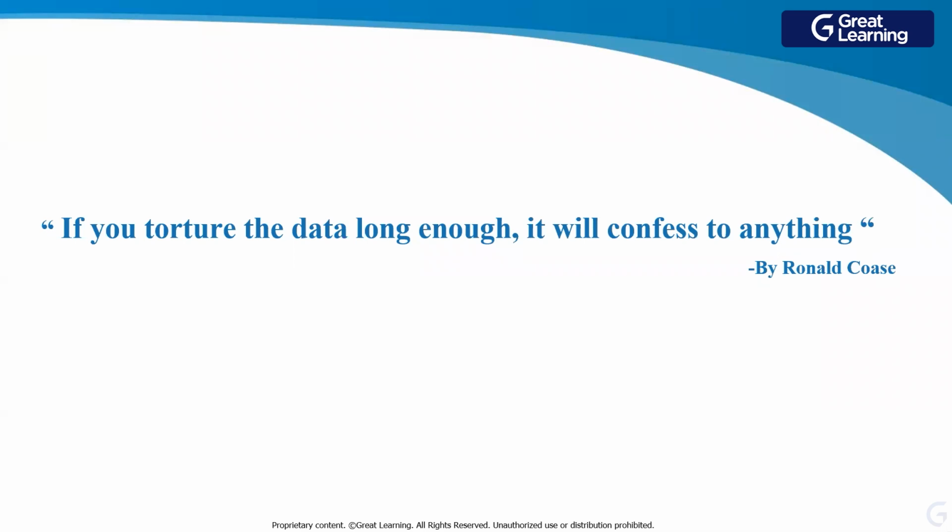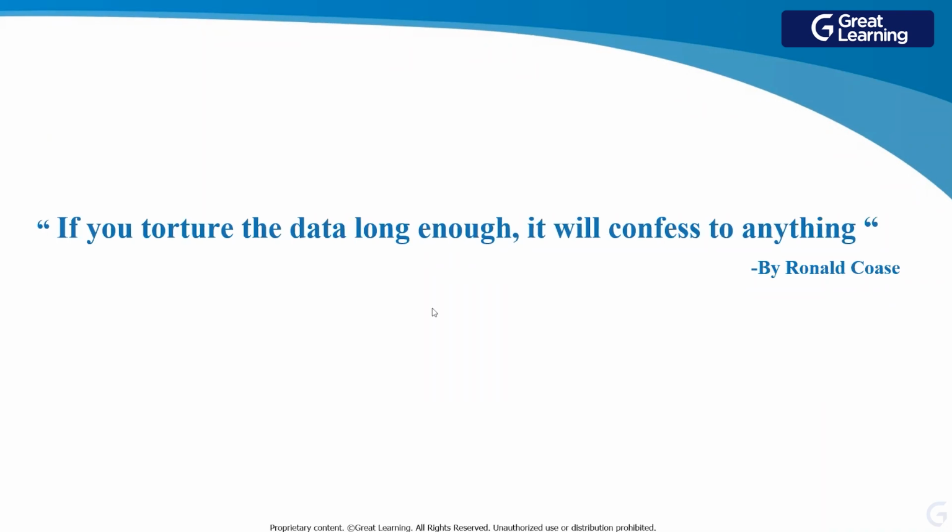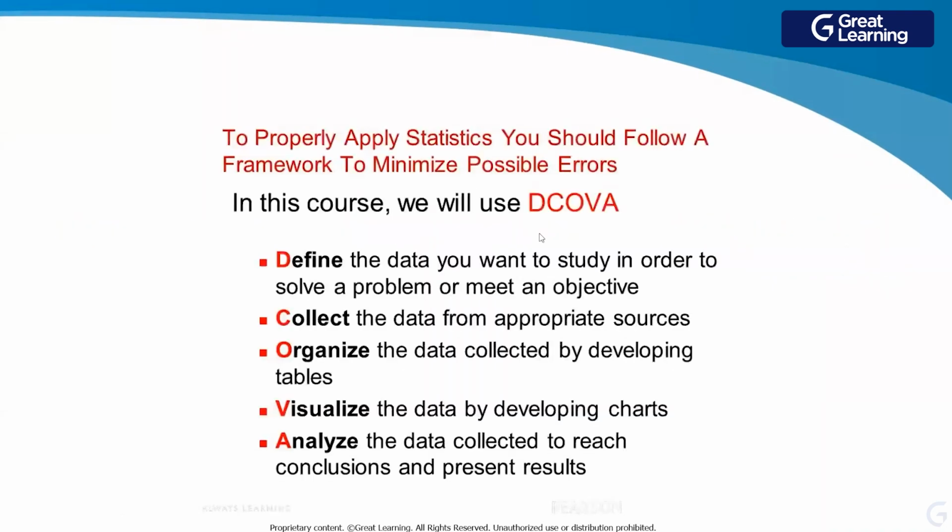But before that, there's one more principle, and that principle is: get the data. When we talk about all this, remember there's one framework on which things work, and that framework is known as DCOVA. What is DCOVA? DCOVA is define the data you want to study in order to solve the problem or meet the objective.